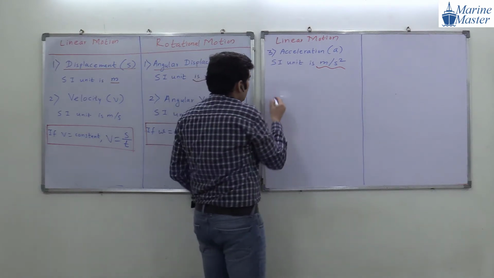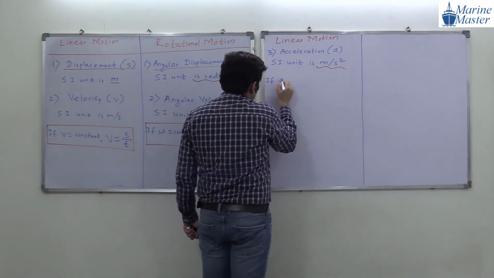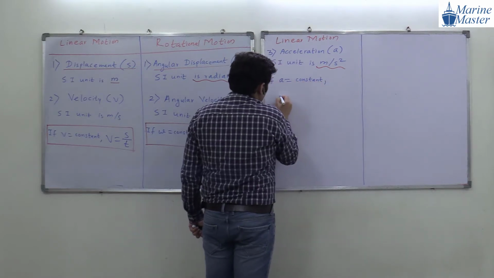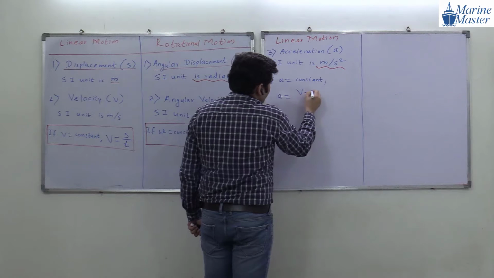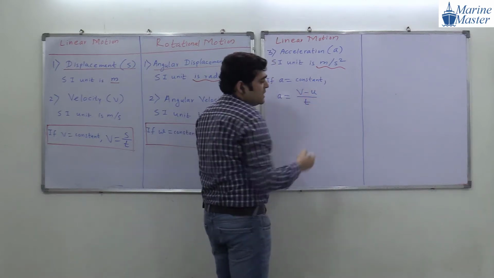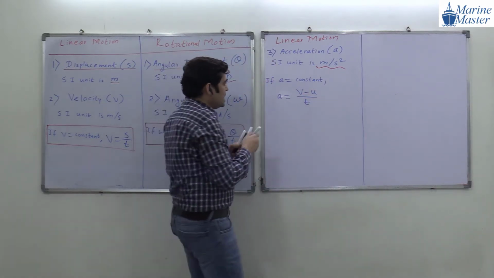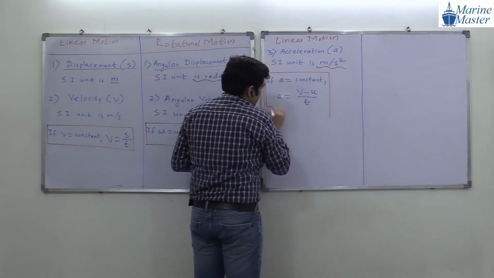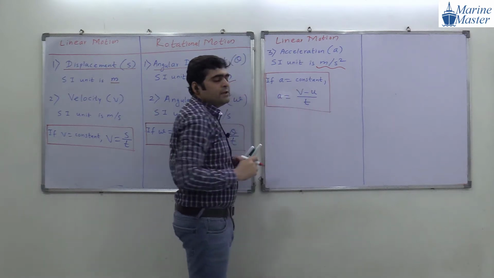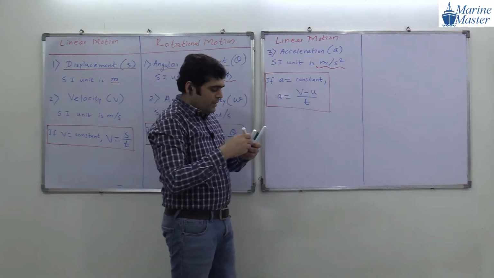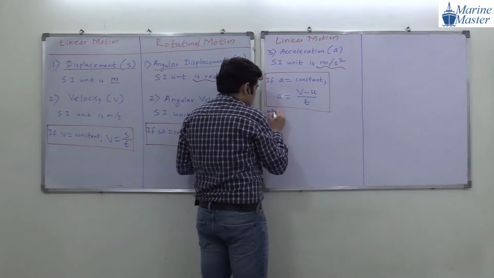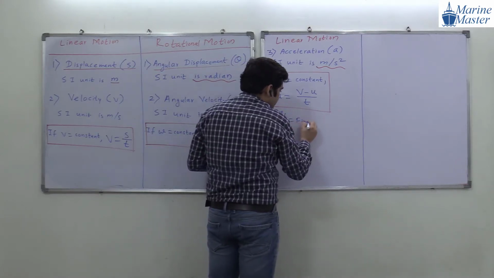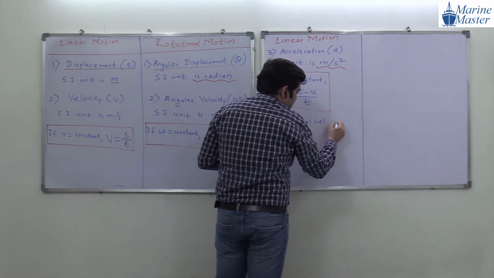Now, if a is equal to constant, what can we write? Acceleration will be equal to v minus u by t. This is a relation we have seen. Where v is the final velocity in meter per second.